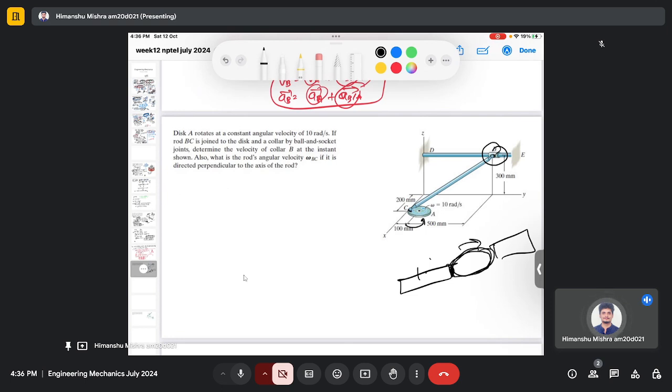If we are given the velocity and acceleration of one member, how do we calculate the velocity and acceleration at some other point or of some other member? For such problems we use the concept of relative velocity. We are using the same concept here, just in a 3D coordinate system. That's the only difference here. So we will write the equation in vectorial form to solve.